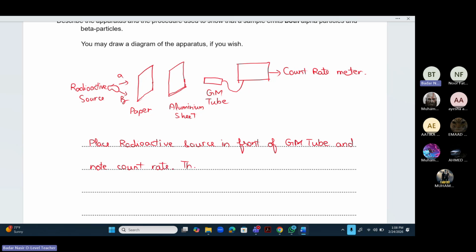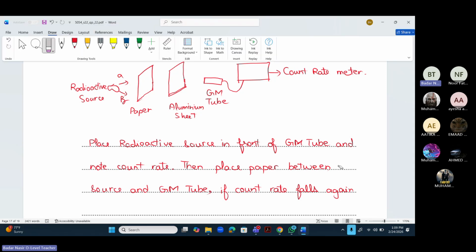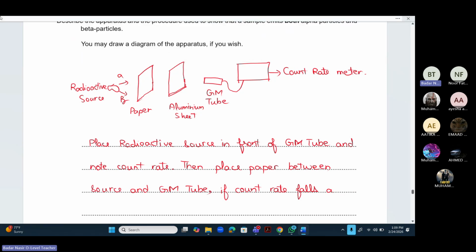Then place paper between source and GM tube. If count rate falls, alpha particle is present. Okay? So if count rate falls, alpha particle is present.